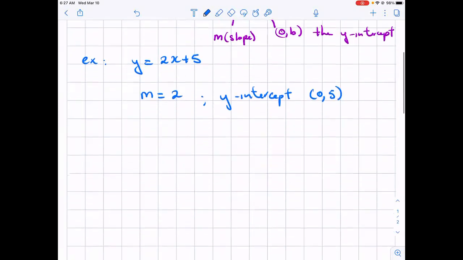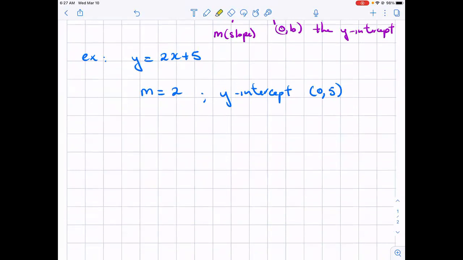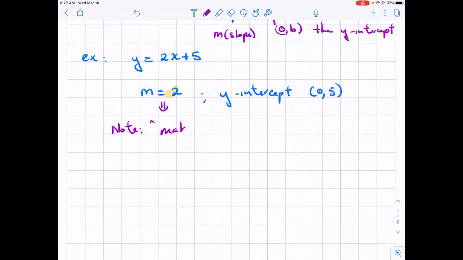So if we look at the graph of this, please make sure you remember, in order for you to tell the slope, I'm going to make a note here: make sure the equation is in the form y equals mx plus b.